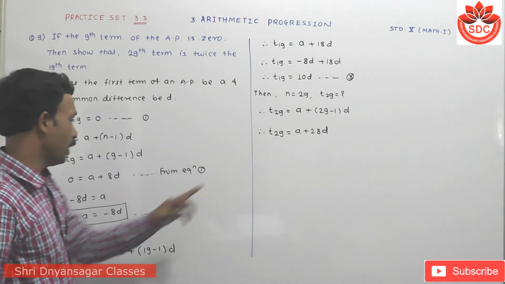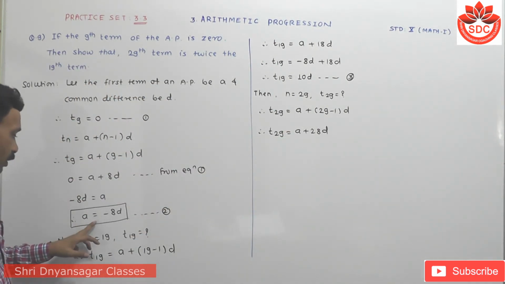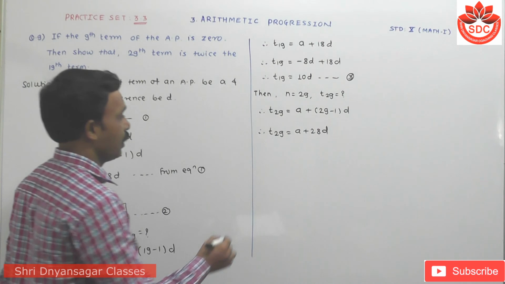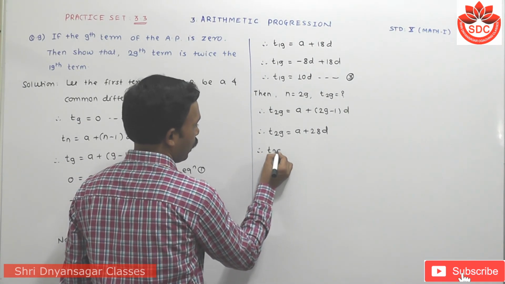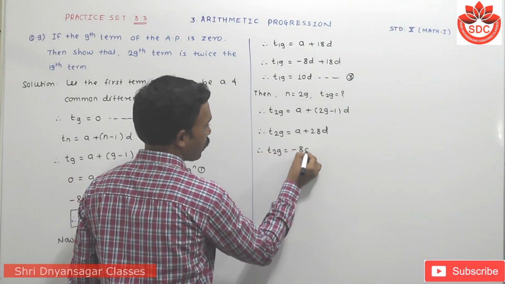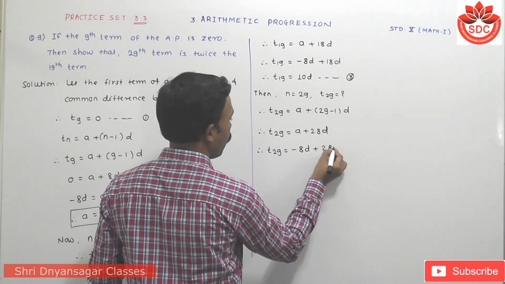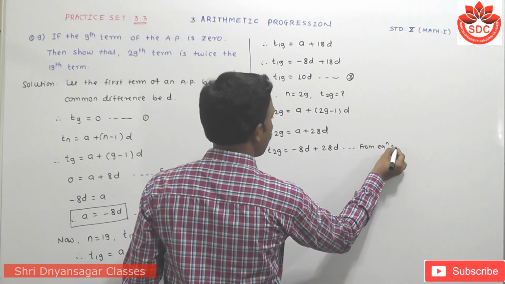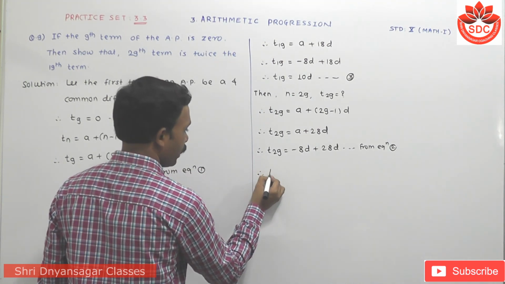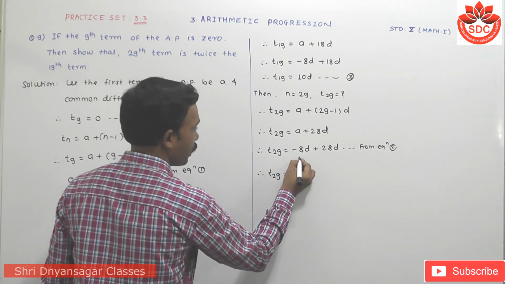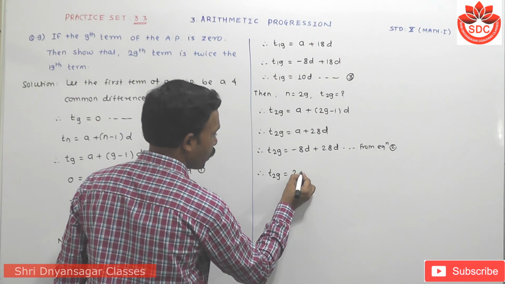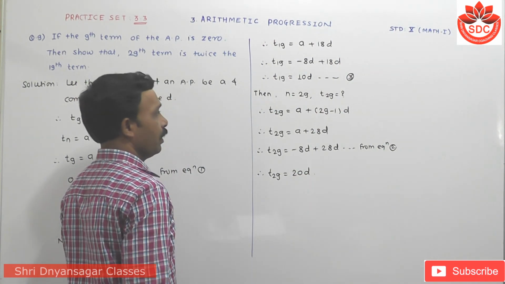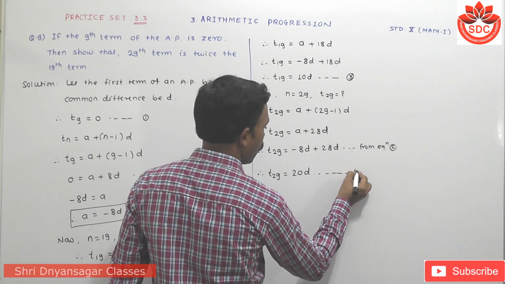Again substitute the value of A from equation 2, minus 8D. So T29 is equal to minus 8D plus 28D. When we subtract, T29 becomes 20D.